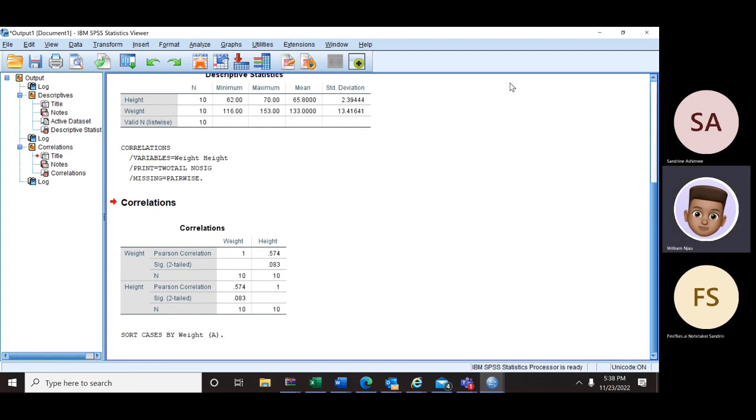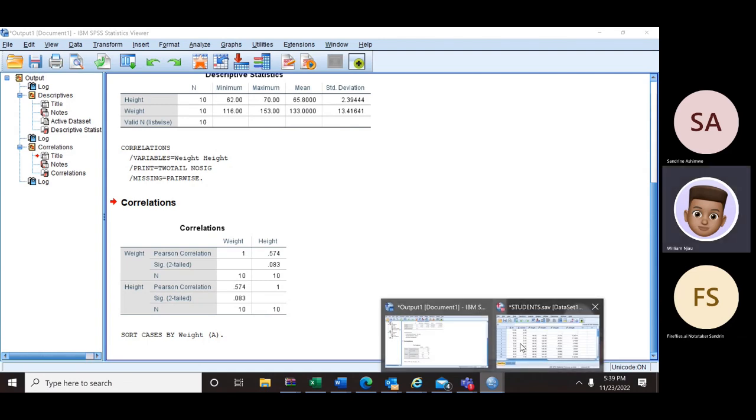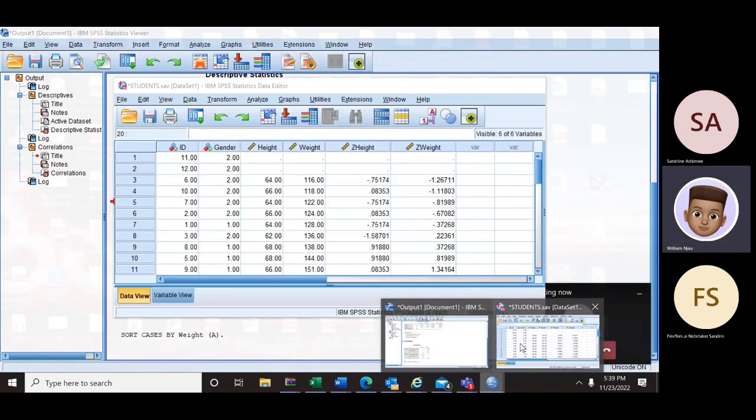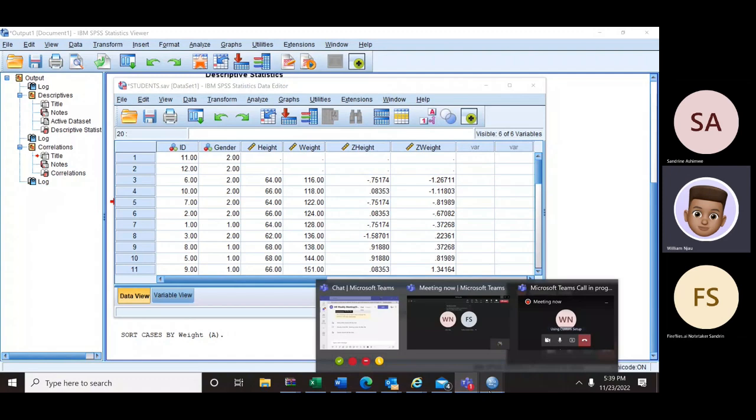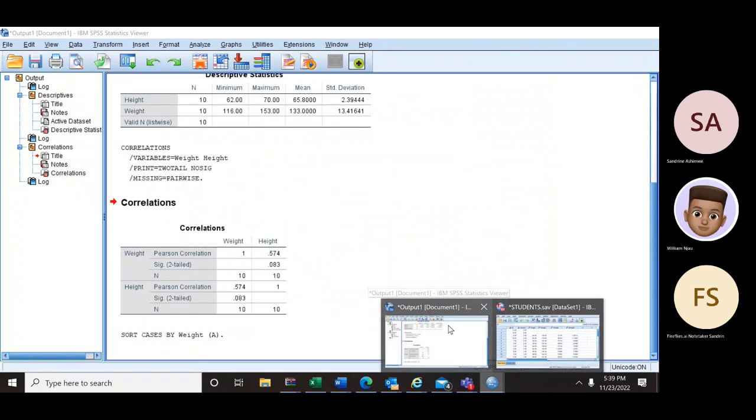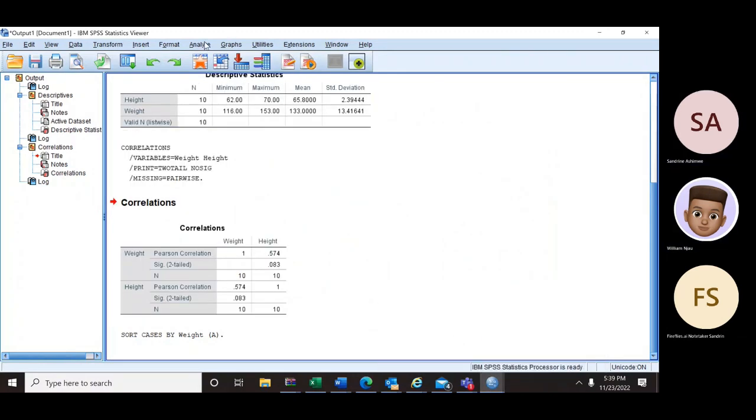But now, you can correlate more than two variables. So I want us to go back and add the gender and see what happens. You don't even need to click out. Remember, I told you when you're analyzing, from wherever you are, you can just go to Analyze.